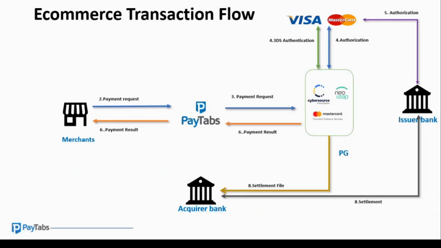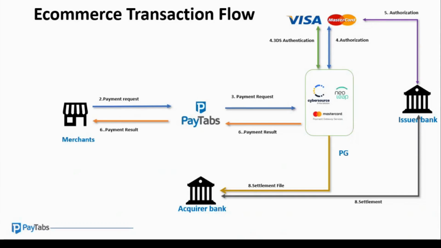It stands for three domains secure, and is designed to authenticate the identity of the cardholder during an online purchase. The three domains referred to in 3D Secure are the issuer domain, the acquirer domain, and the interoperability domain.